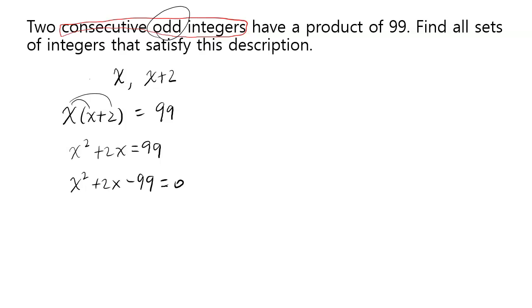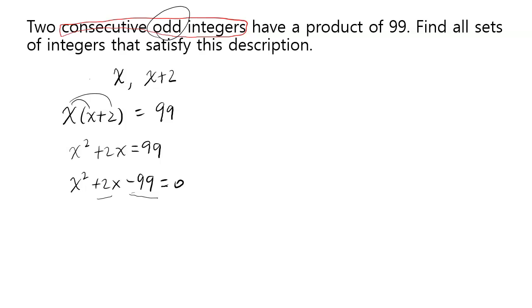Now here, you could use the quadratic formula, or you could even use completing the square, but I guess the easier way would be to try to factor this. You want to find two numbers that multiply to negative 99, add to 2. Because it's negative 99, one number is positive, the other is negative.